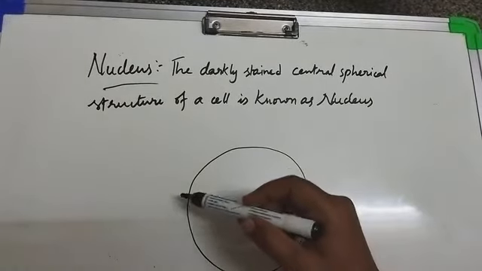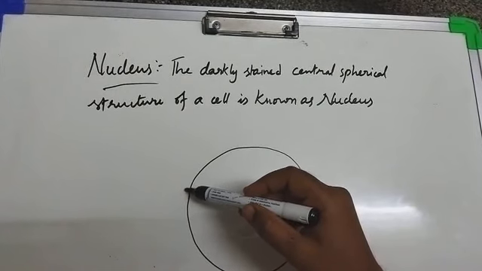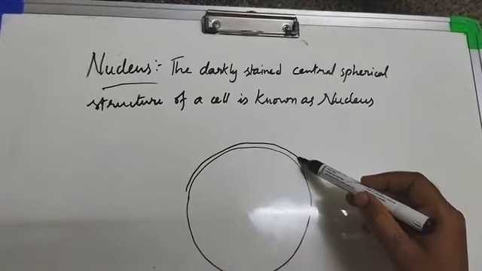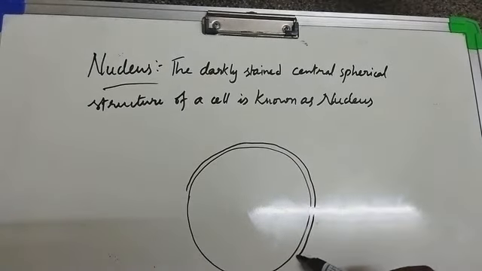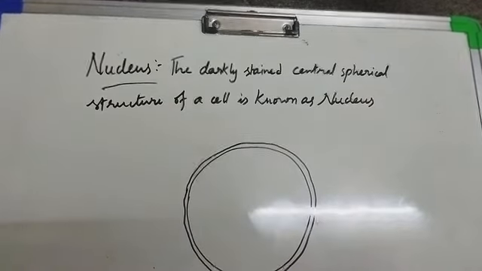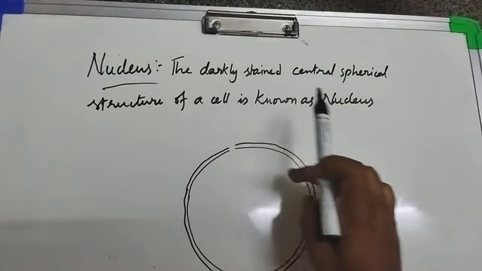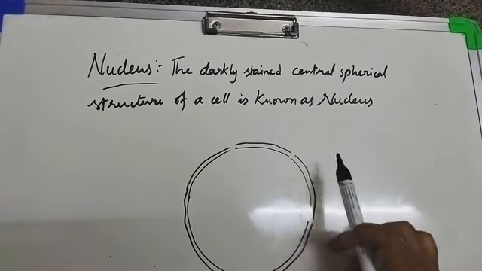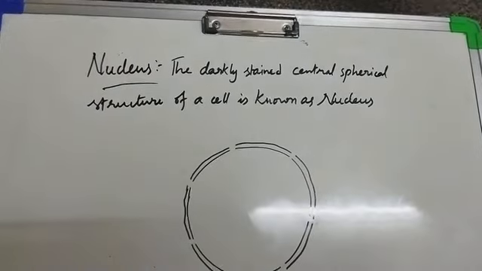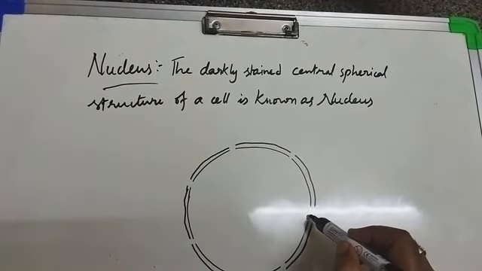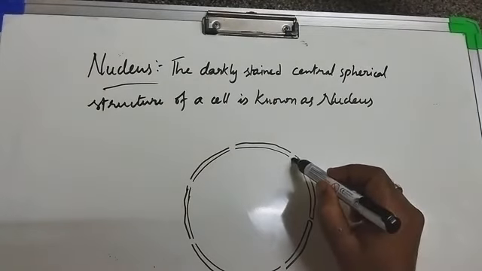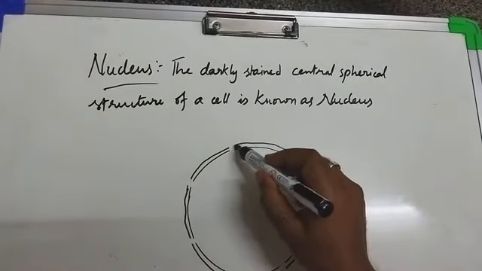Assume that it is the nucleus which is bound by the double layered membrane, and these two layers invaginate at certain points. Invaginate means moving inside. They will invaginate at certain points.